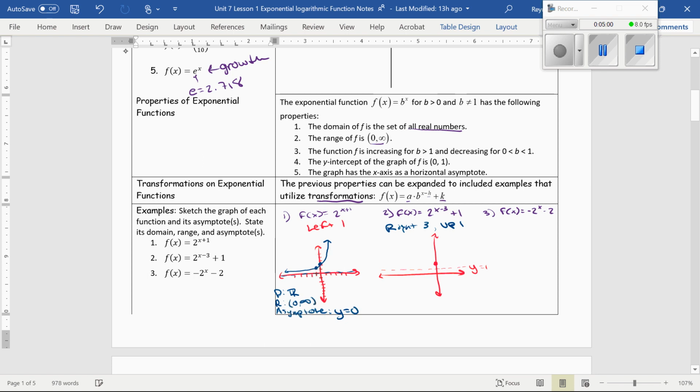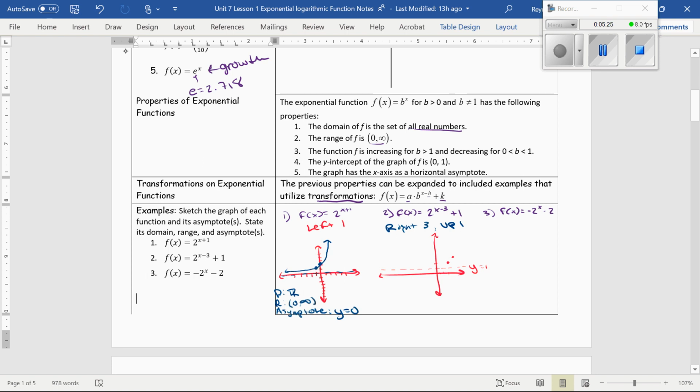So again, we're crossing here, oh no, I forgot about the right shift. So the point that would cross here goes right 1, 2, 3, and then up 1. And so it's actually located here. There's another point just above that. And then again, you can get some points from your table or plug in values here.